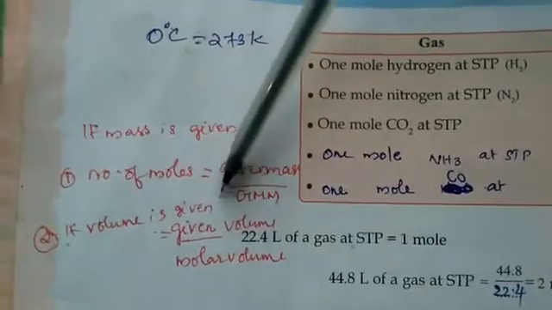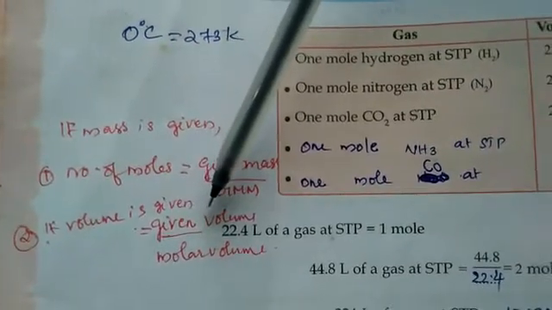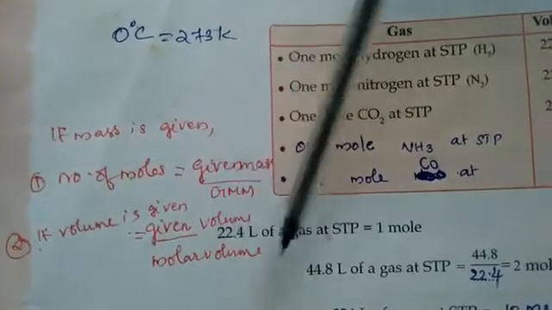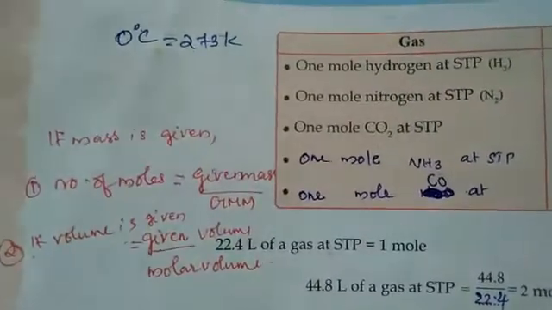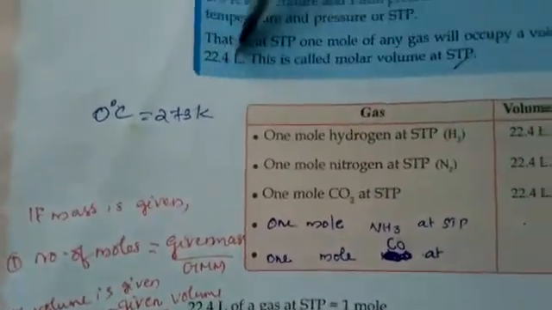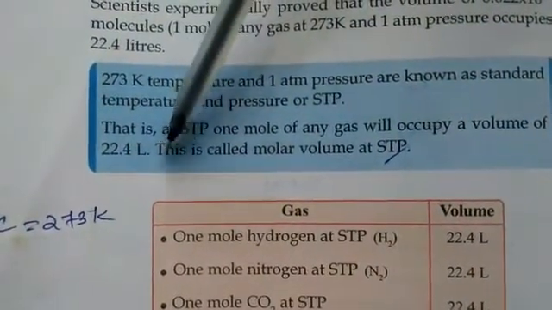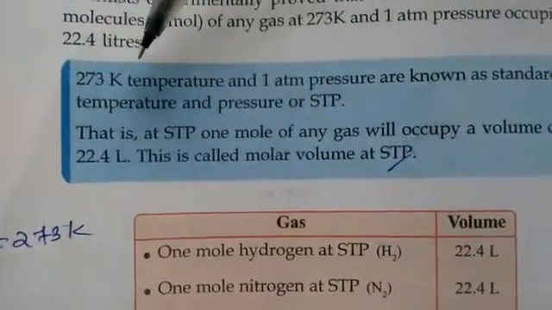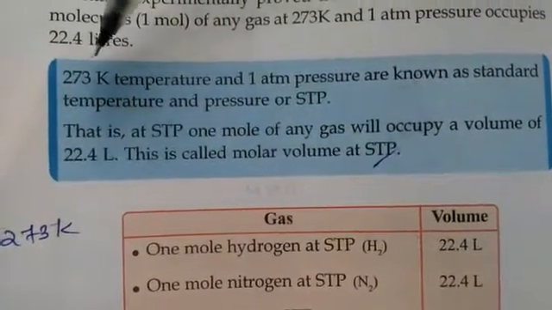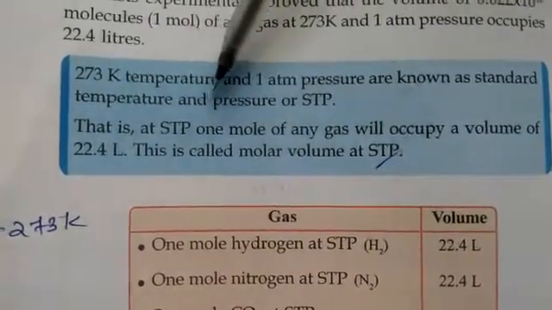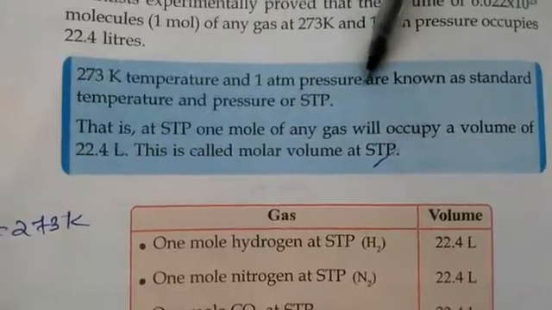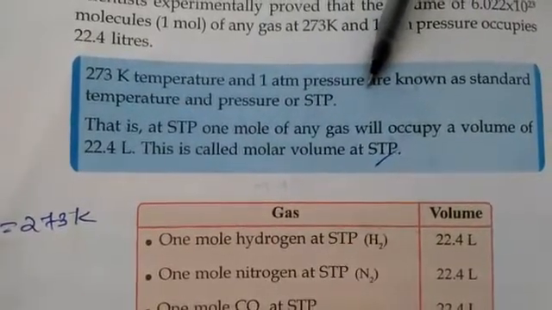Then if volume is given, then the equation is given volume divided by molar volume. Then what is molar volume? Molar volume is 22.4 liters, 22.4 liters for any gas at STP. STP means standard temperature and pressure. 273 Kelvin is the standard temperature and 1 atm pressure is the standard pressure.